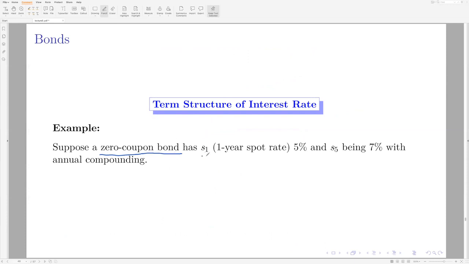It has S_1, that is the 1 year spot rate, of say 5%, and a 5-year spot rate of 7%. So if you go for a 1 year investment in that bond, then you have a 5% interest rate. In the same bond, if you choose a 5-year investment, then the issuer gives you 7%. Like this only it happens.